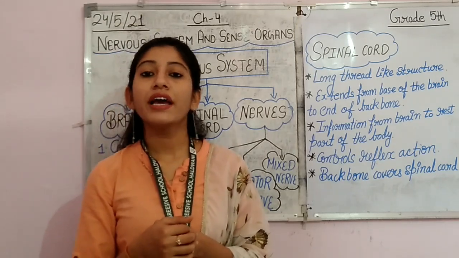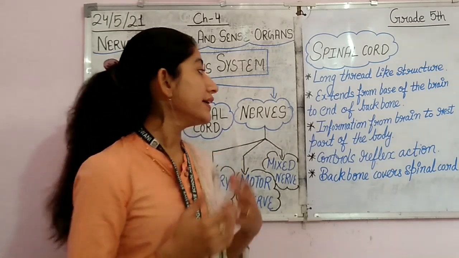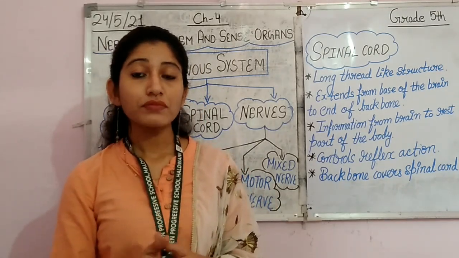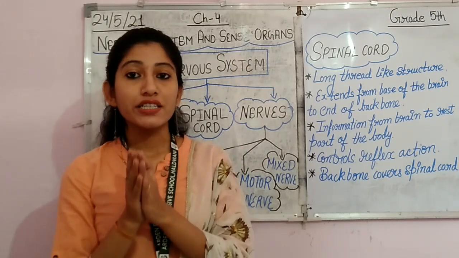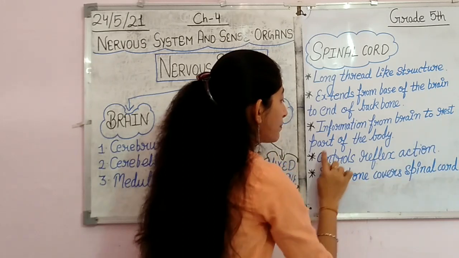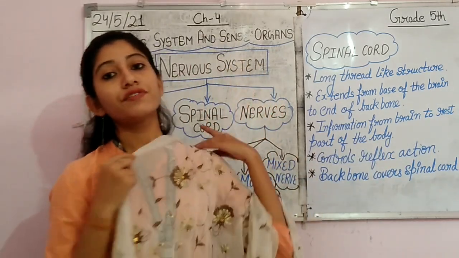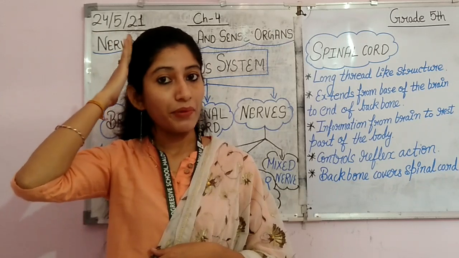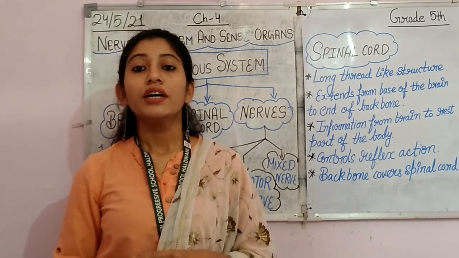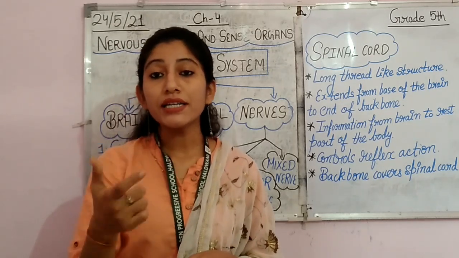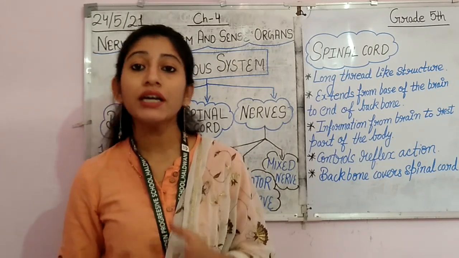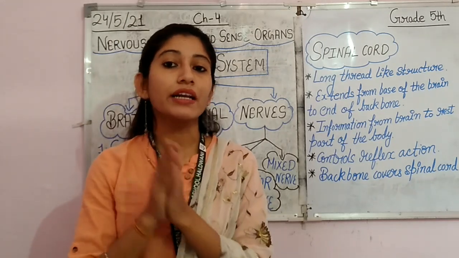For that question we have answered here that the spinal cord transfers information from the brain to the rest of the body. So what helps us send information from the brain to the rest of the body? The answer will be the spinal cord.